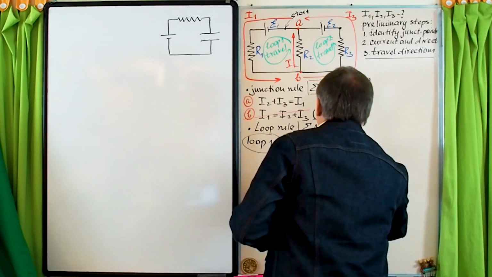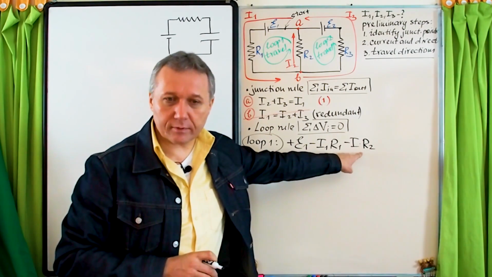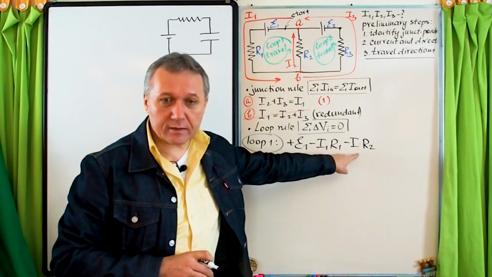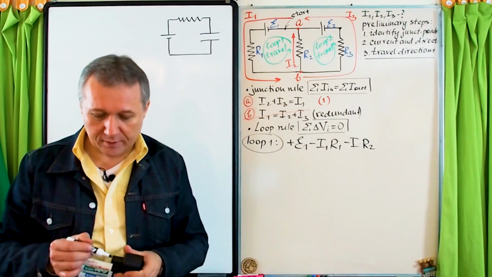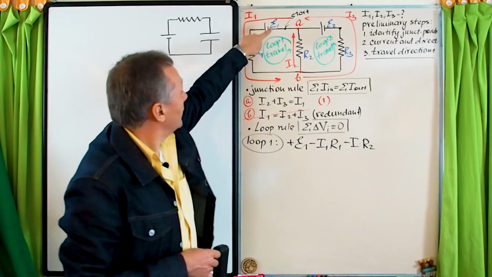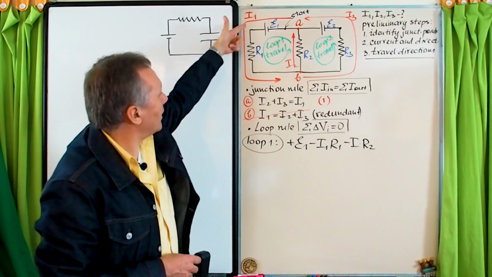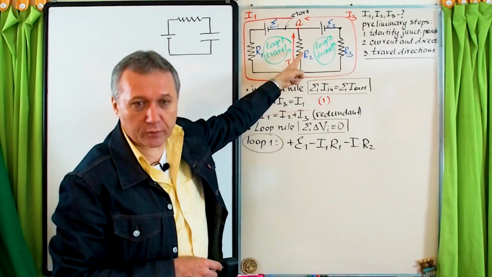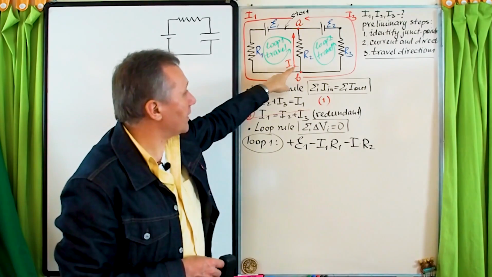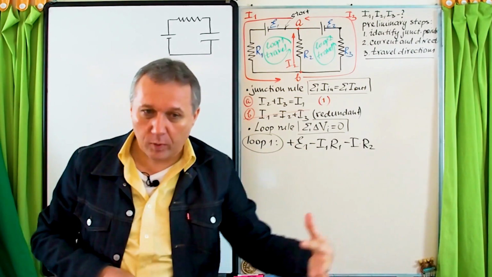I R2. And here on purpose I didn't write the subscript, in order to emphasize a very common place for mistakes. Very often there are a few elements, and students develop a habit of using current I1. When they come to this part of the loop, where the current is I2, they still keep writing the same I1.